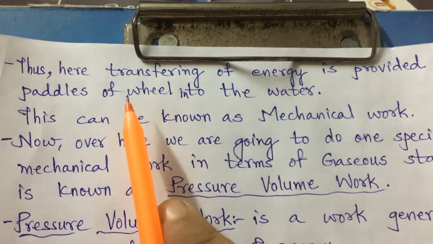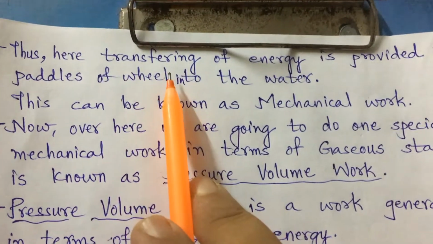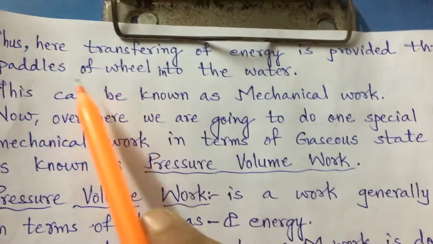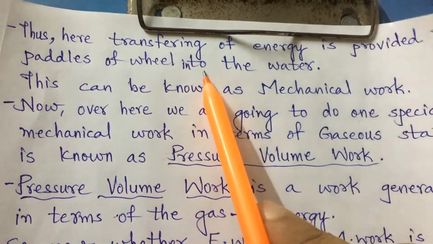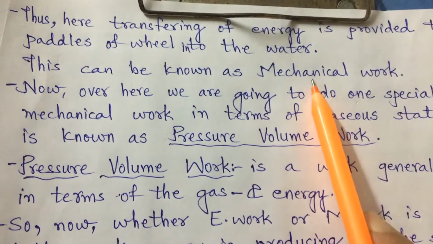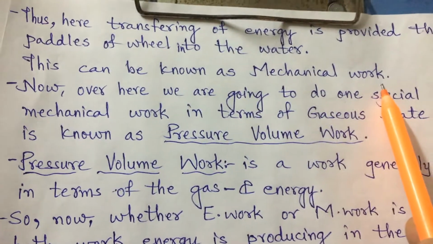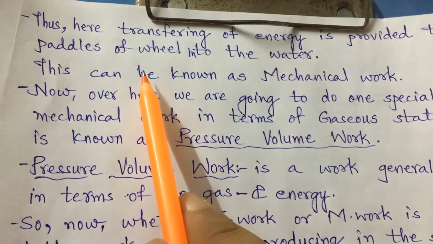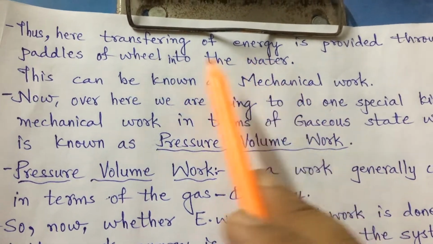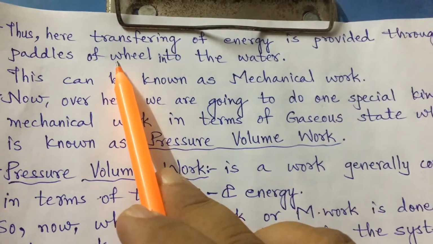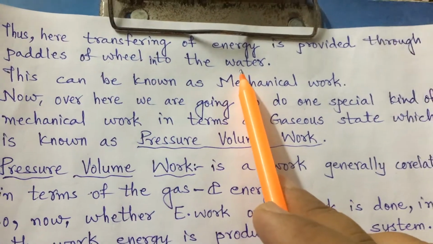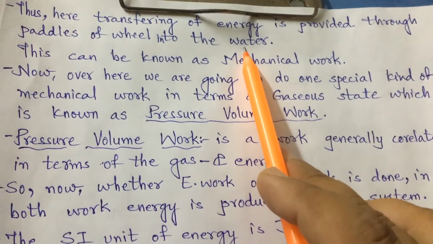So what happened here? The transfer of energy is provided through the paddles of the wheel into the water, which we can term as mechanical work, work done by the paddles of the wheel on the water, and because of that the paddles' energy is transferred to the water and the temperature increased.